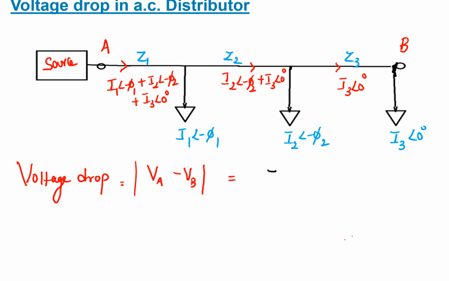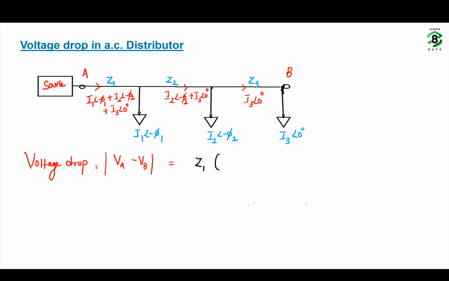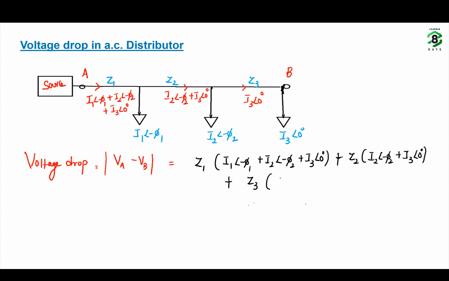We have to calculate Z1 into the total current flowing through this one, I1 at an angle minus phi1 plus I2 at an angle minus phi2 plus I3 at an angle 0, plus Z2 into I2 at an angle minus phi2 plus I3 at an angle 0, plus Z3 into I3 at an angle 0.